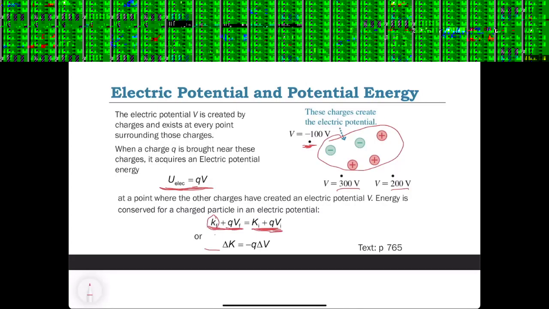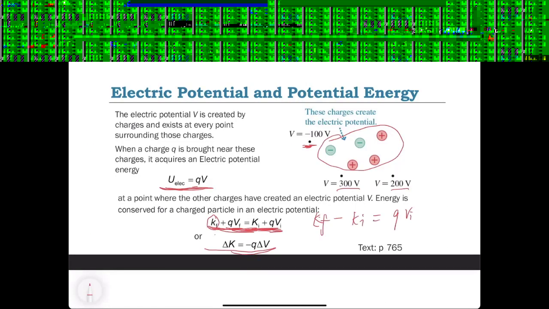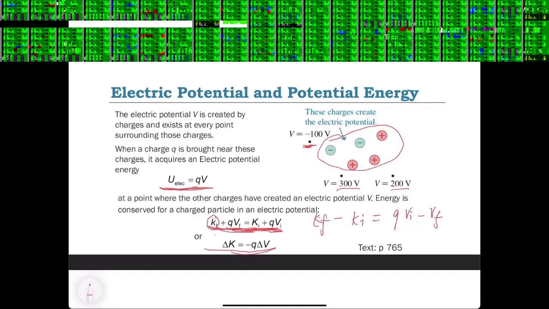If we rearrange this equation, Kf minus Ki equals qVi minus qVf.